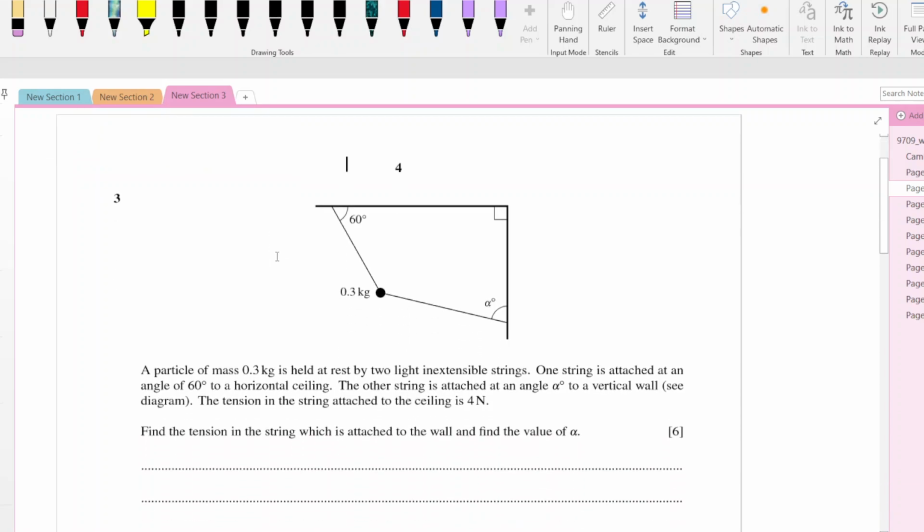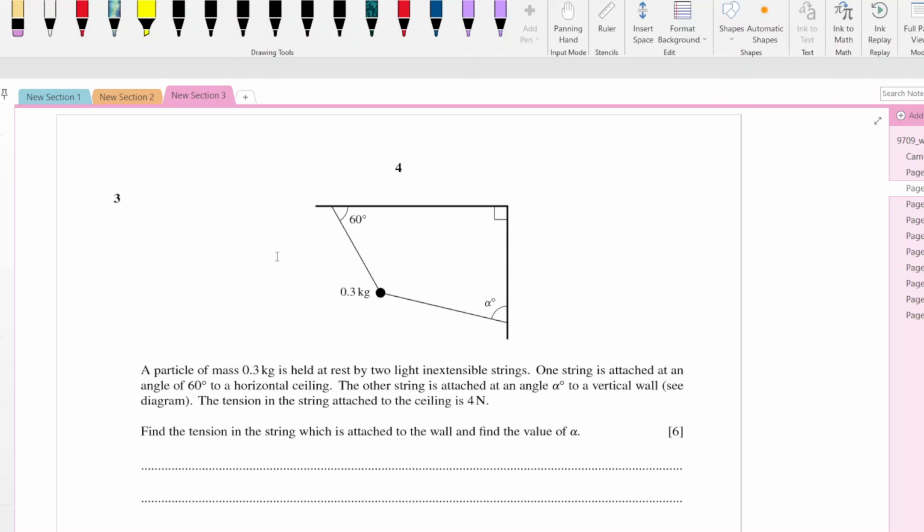Now question 3. A particle of mass 0.3 kg is held at rest by two light inextensible strings. One string is attached to the ceiling at an angle of 60 degrees to the horizontal.